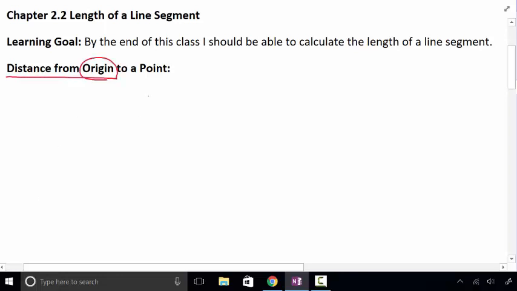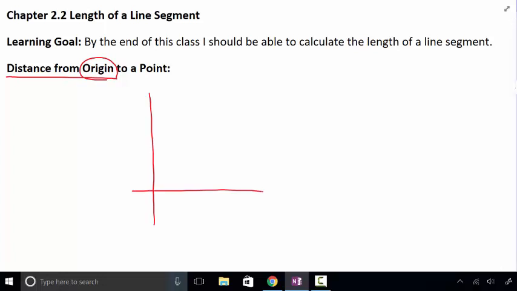So what we're going to do is start off to find the distance from the origin to a point. Let me give you an example here, and let's take a look if we can actually come up with the formula for this. So here, the origin is right there. And the coordinates of the origin are what? 0, 0.